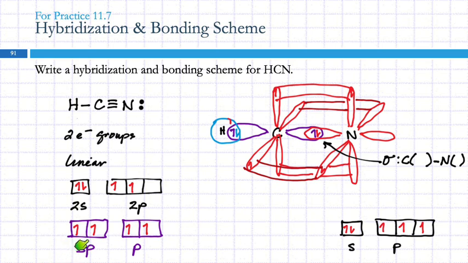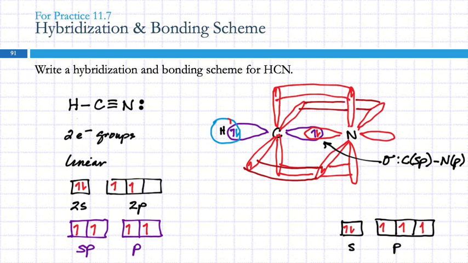It's using this sp, right? So carbon's using an sp orbital, and what sort of an orbital is nitrogen using? A p. Okay with that?